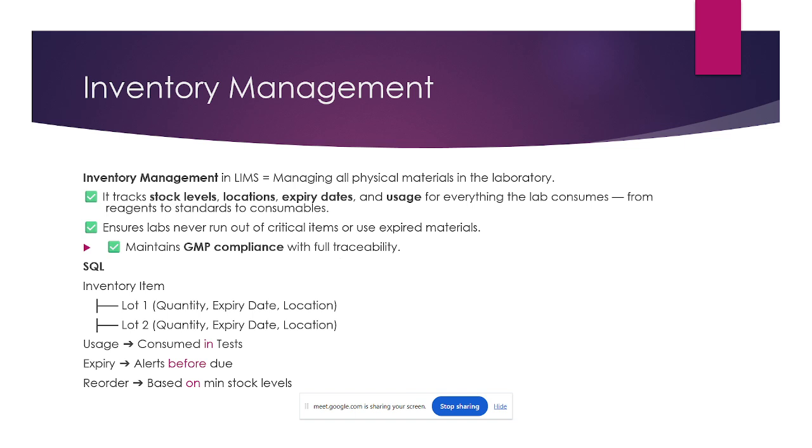And then inventory management, I already explained it. In LIMS we can manage the physical materials. Wherever there are many solvents and many standards, you cannot go there and check them. Why? Because in the lab 100 people are working, so some people will use that solvent, and you cannot check how much remains.